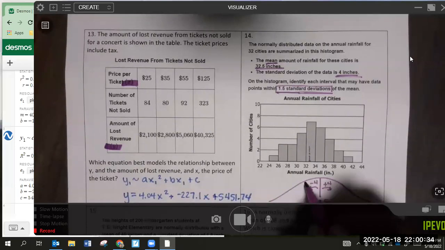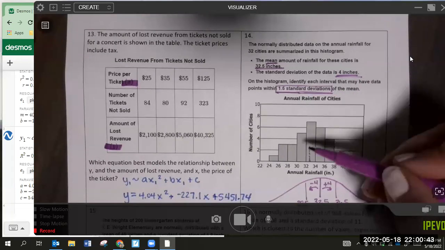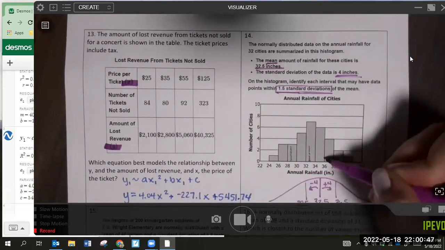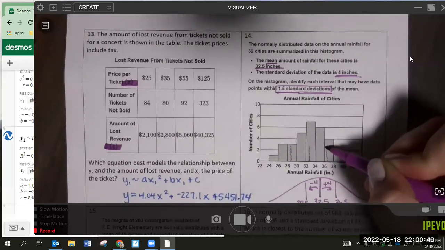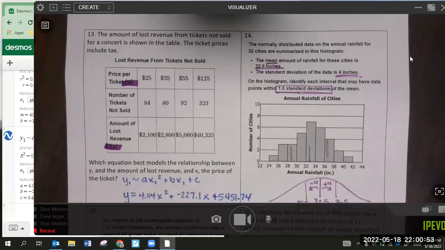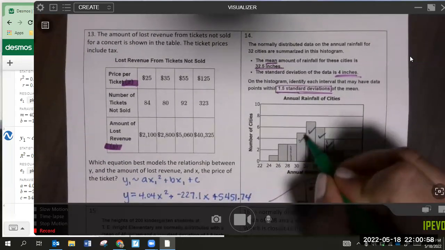That's one standard deviation away. So that would be 28.5, or 36.5. Again, 28.5 is happening somewhere in here, and 36.5 is happening somewhere in here. So far, data that's going to be between the first deviations, this one, and this one, for sure.